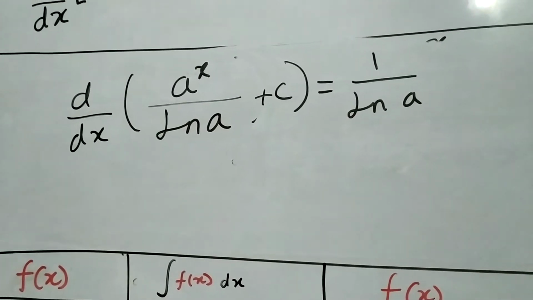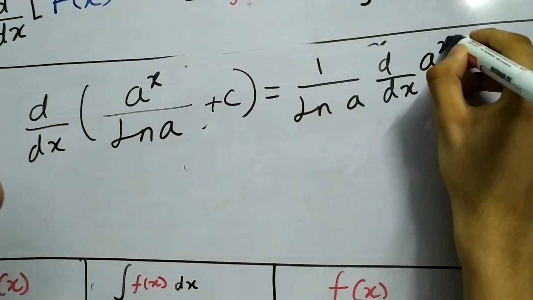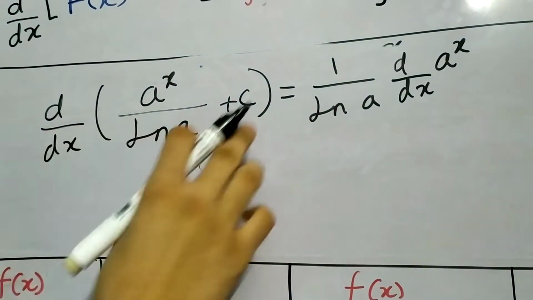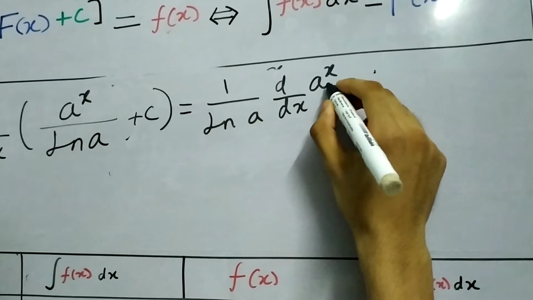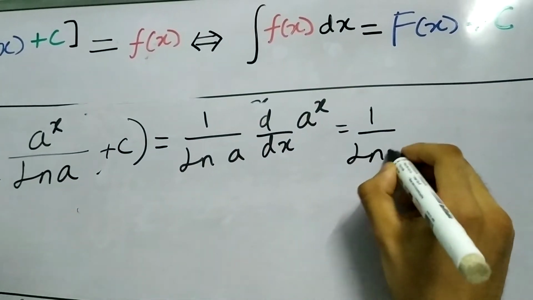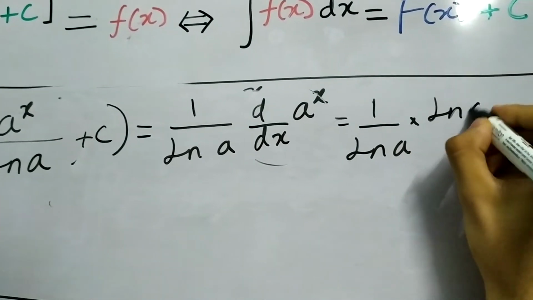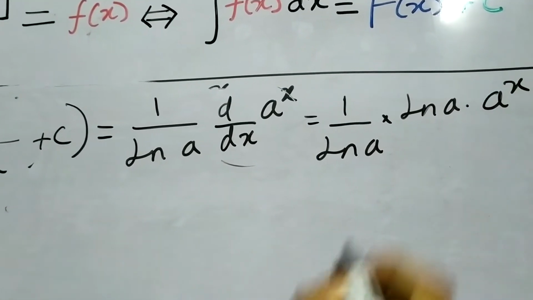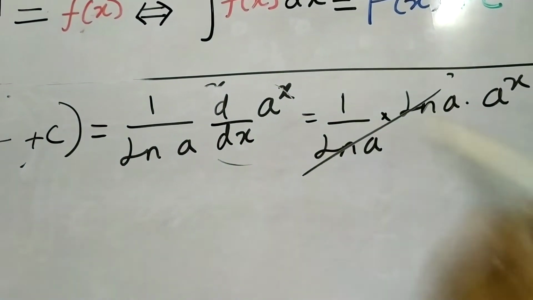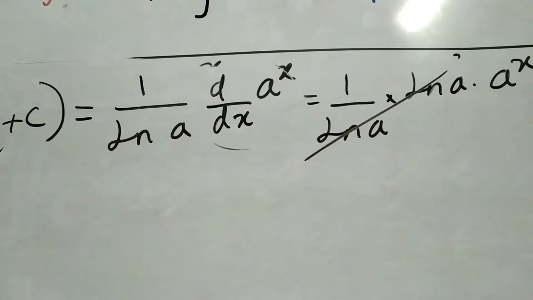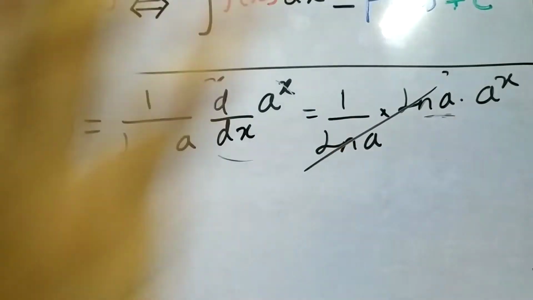We pull this out of our differentiation, and the differentiation of c is equal to 0, and this is 1 by ln a times ln a times a to the x. So the ln a cancels out, and of course a has to be greater than 0 and a should not be equal to 1, because ln a is log base e and it follows all the properties of logs.